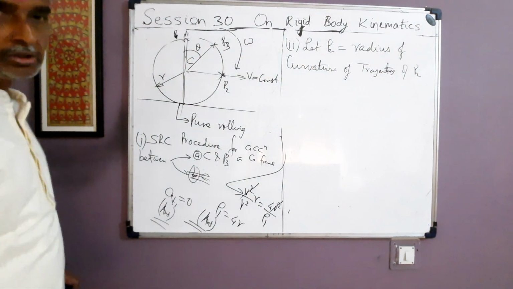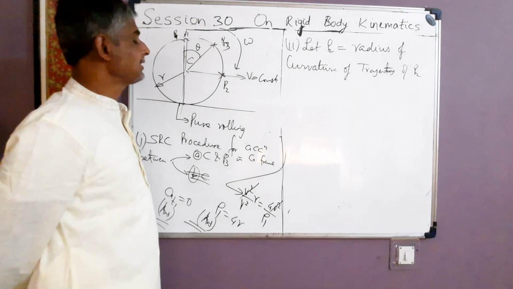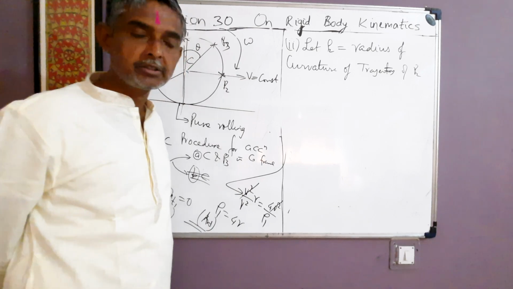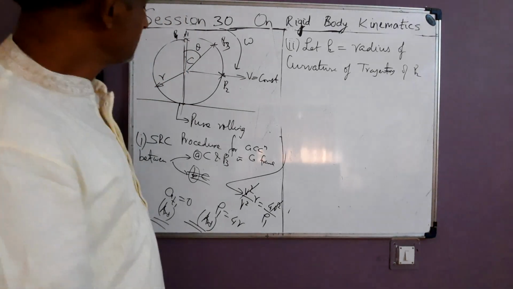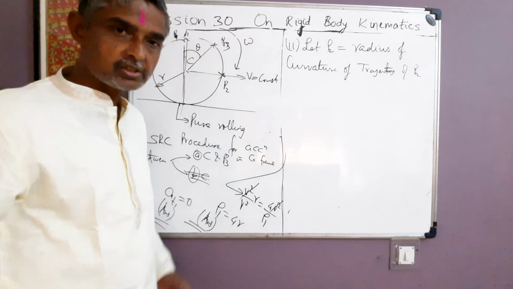So this rho 2 we have to determine. Okay. Again, what we'll do? We'll find the acceleration of point P2 with respect to ground by two different methods and equate them along the common normal, as I demonstrated just now.